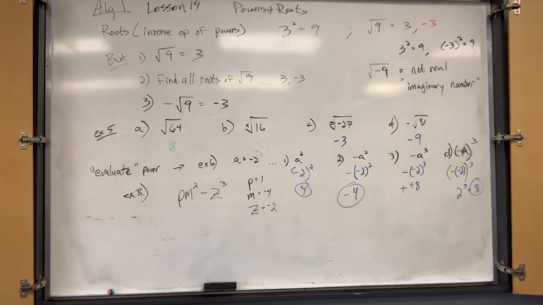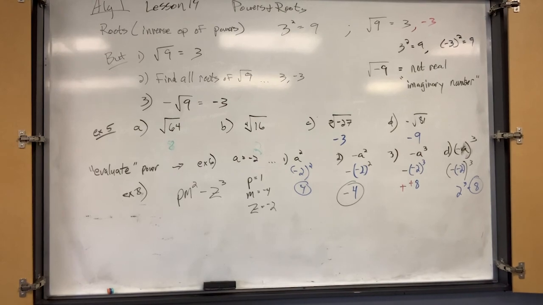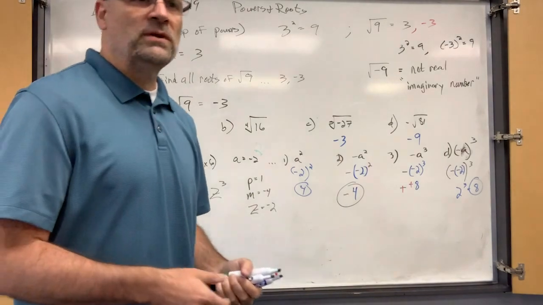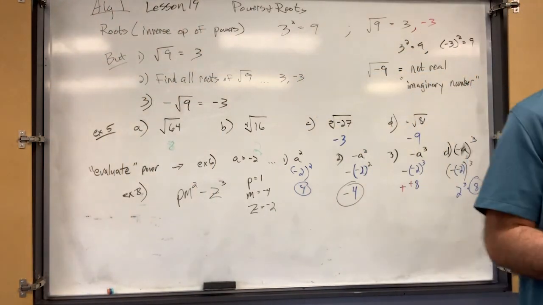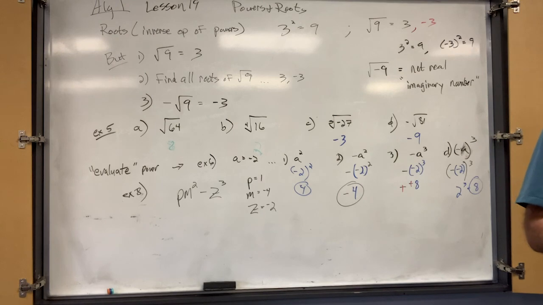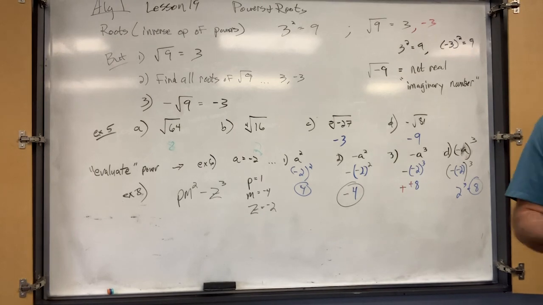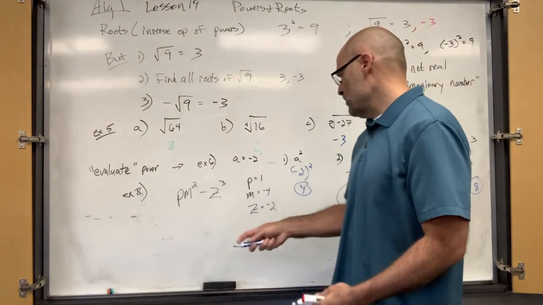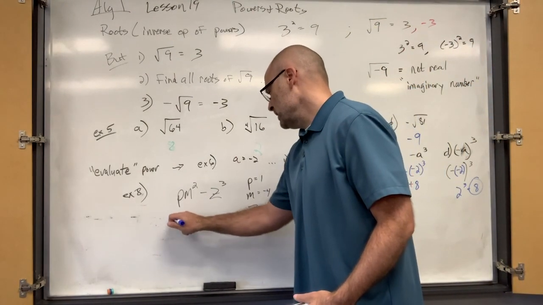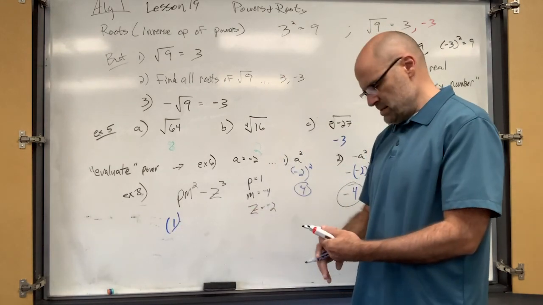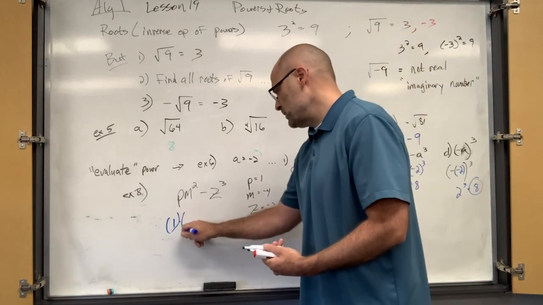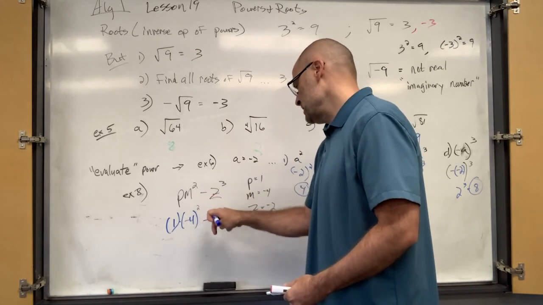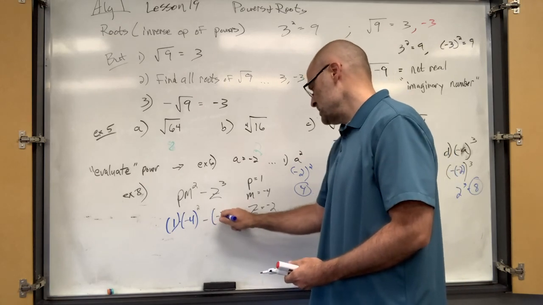Okay, how we doing? Ready? What'd you get? Positive 24. Any other answers? You're gonna go with positive 24? All right, let's do it. Let's see what happens. So you got 1, plugging in for P, M squared, so M is -4, so I'm going to put that in parentheses, (-4) squared minus Z, in parentheses, -2.